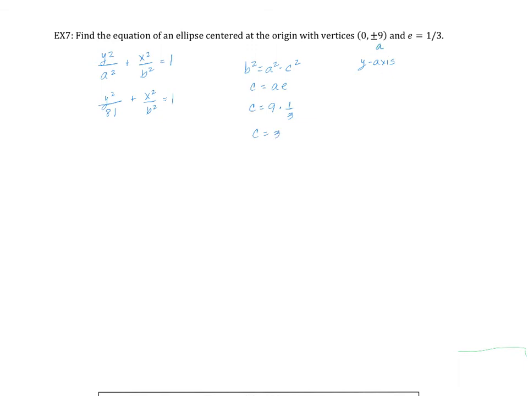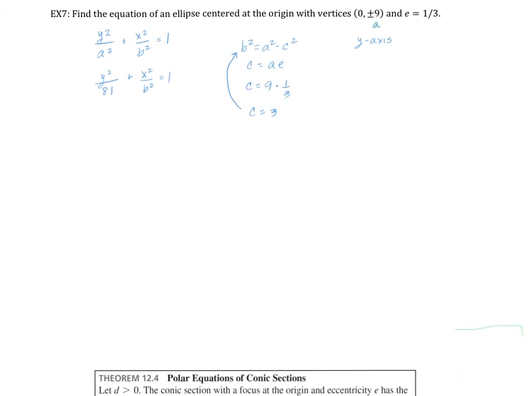So now that I have a c value, I can go back to this equation, b squared equals a squared minus c squared, to get b squared is equal to 81 minus 9, which would just be 72. And I don't really have to solve for b, because all it's asking me for is an equation, and in the equation I just need b squared.